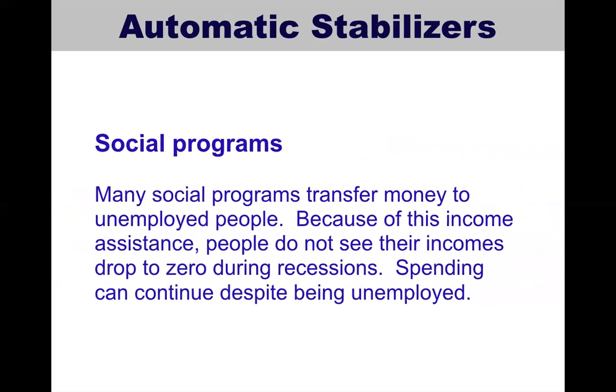Social programs are best understood if we think about the contractions. During the contraction or bust cycle, unemployment is high and incomes are generally lower than what they otherwise would be, which means that there's not a lot of initial money to multiply.